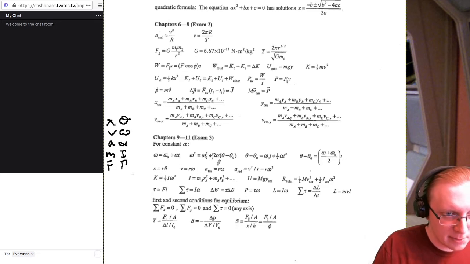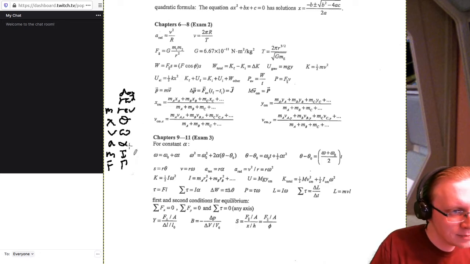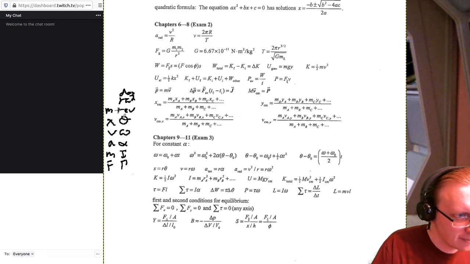So it's basically the same equations rehashed again, except instead of going in a straight line measured in meters, there is now a rotation measured in radians, revolutions, or degrees. I prefer radians because that is the natural unit of angle. One radian is the angle required such that this r here is the r around a circle.